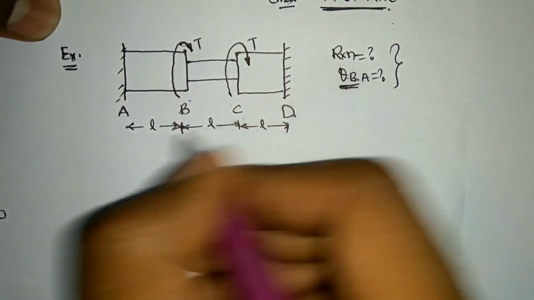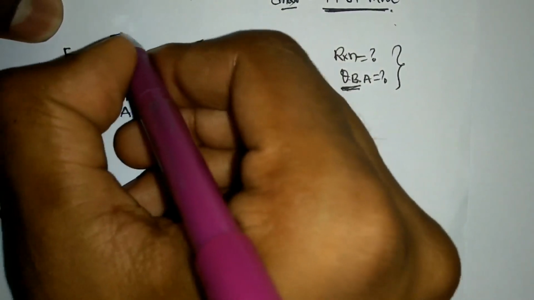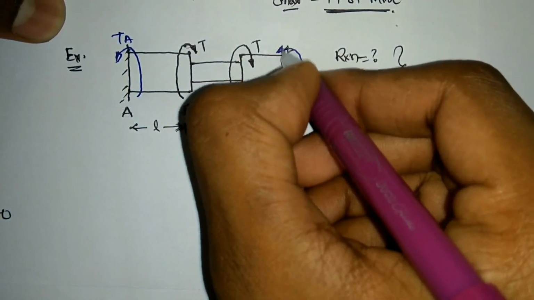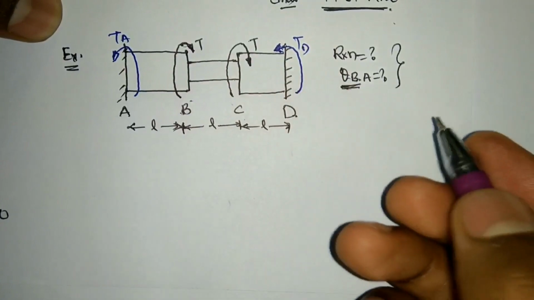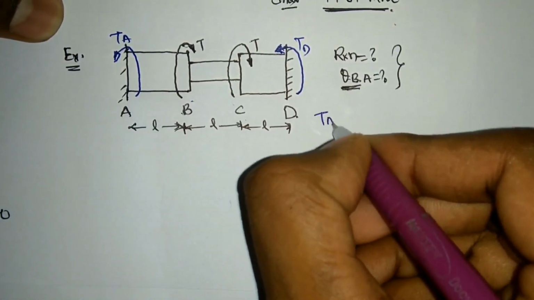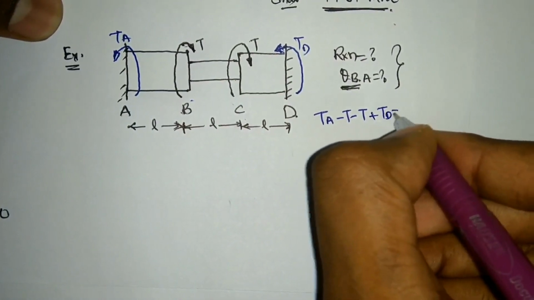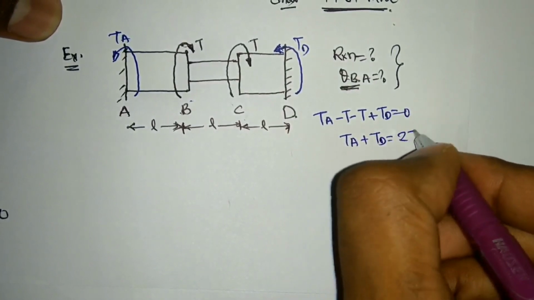So in order to calculate the reactions, I am going to assume that there will be a TA here and there will be a TD here, okay. And then I write the first equation, which is obviously the static equilibrium, that is TA minus T plus TD is equal to 0, means TA plus TD is equal to 2T.